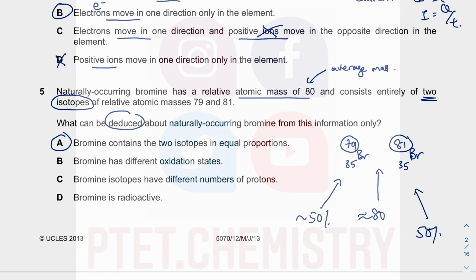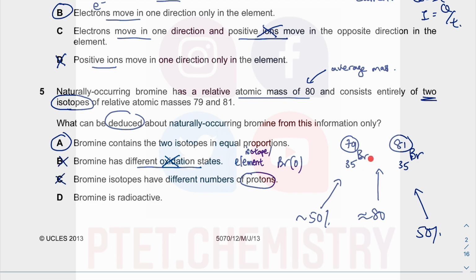The bromine there cannot be in different oxidation state because these are isotopes, the atom itself, where it's just bromine 0, because they are not ions or anything, they're just atoms. Bromine isotopes have different number of protons is wrong, because like I said, proton number is the identity of the element.